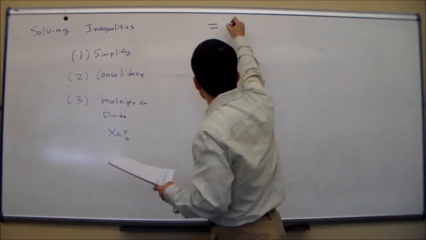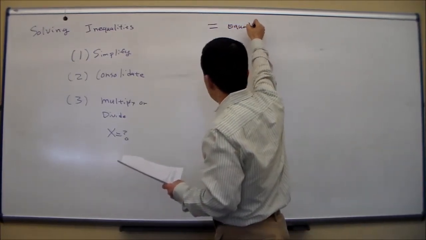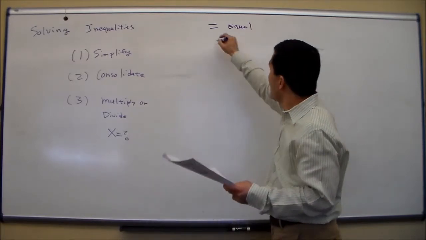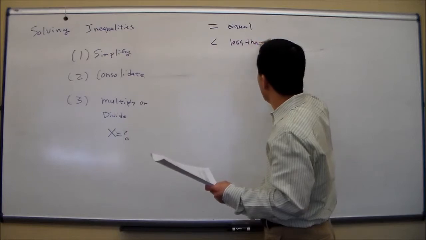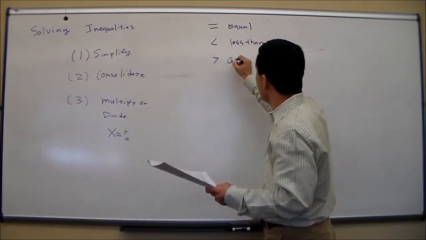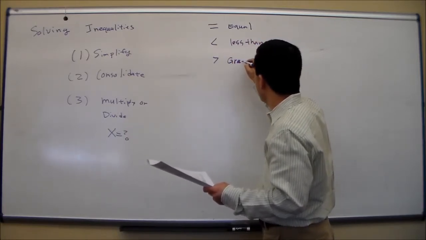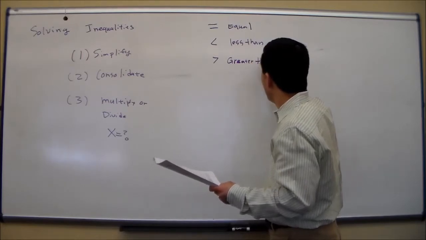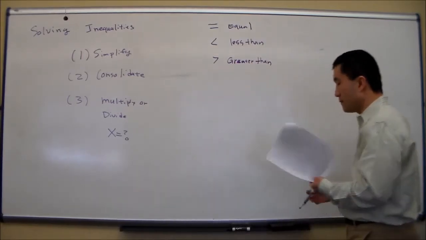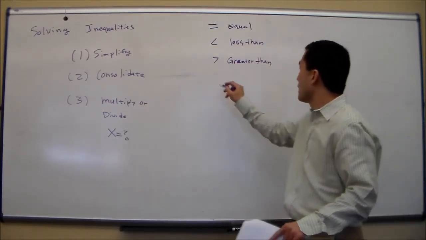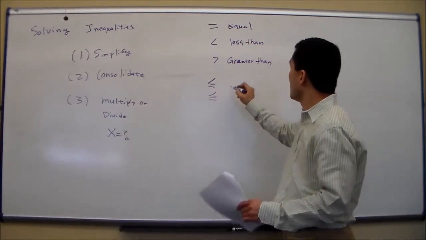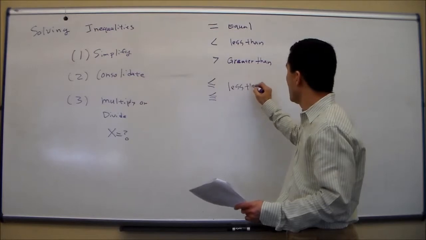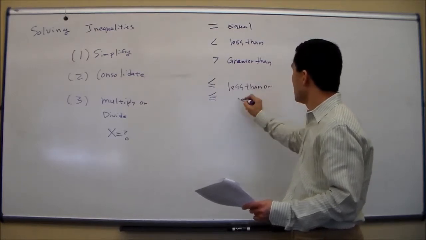This is an equal sign. This means less than. This is greater than. If you have a bar, either this or like this, it is less than or equal to.